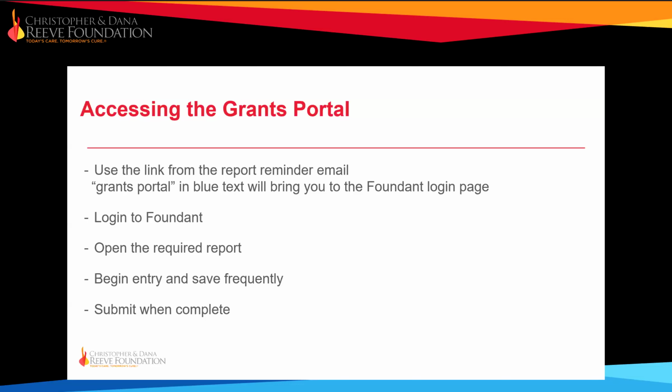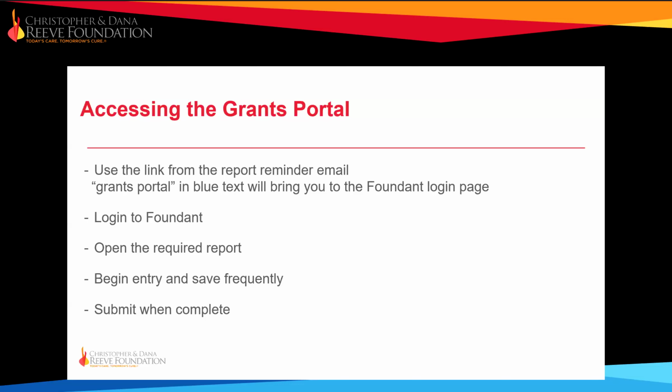Accessing the grants portal. If you don't already have it bookmarked, or if you're unable to locate the link, again, use the grants portal link in the email reminder. As the applicant, you should already have the login credentials, but if you don't, or if you're having issues, reach out to qol@reeve.org for assistance.